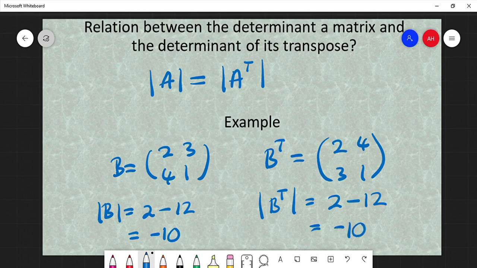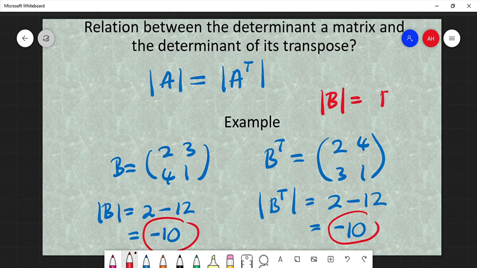You see, the determinant of B and the determinant of B transpose give the same number. Here we have 10, here also 10. So we conclude that the determinant of B and the determinant of B transpose are always the same.